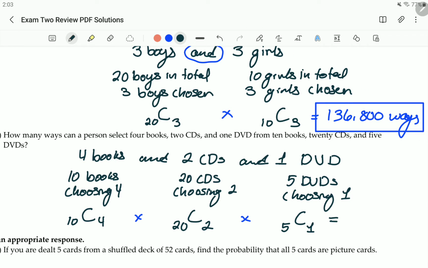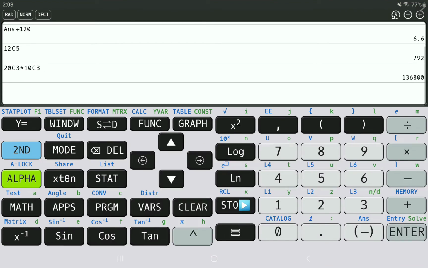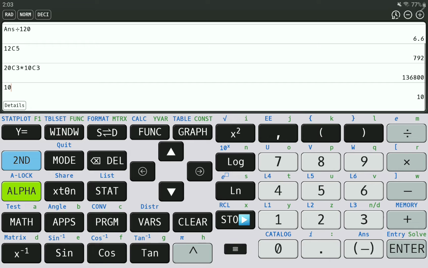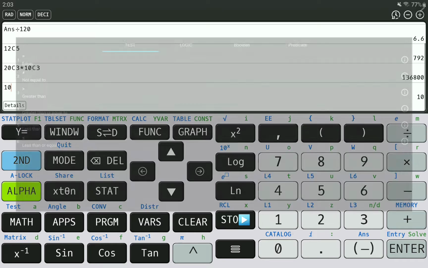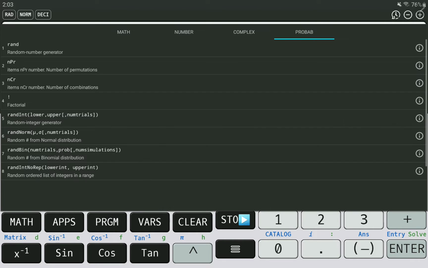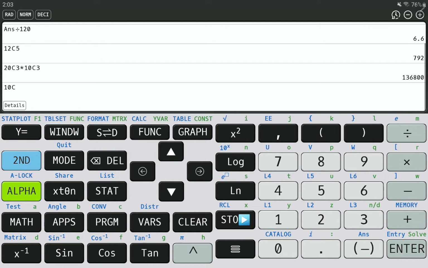And now let's go ahead and calculate that. Let's clear that. Let's go back. Hit math. 10 choose 4. Let me double check.